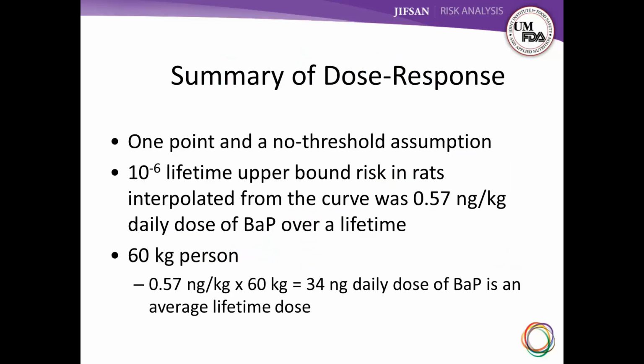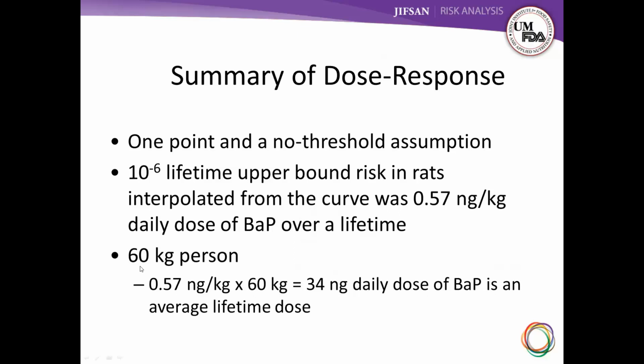So we used one data point and a no threshold assumption, a 1 in a million lifetime upper bound, and we found out that this was the daily dose of benzopyrene over a lifetime that would cause no problems. No problems meaning the risk of a tumor would be less than 1 in a million.